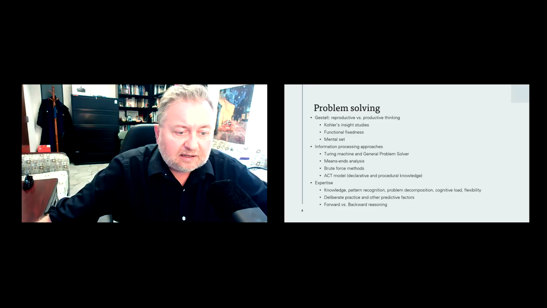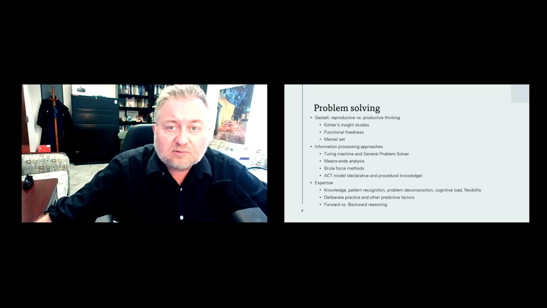We also looked from the information processing view here, remembering back to the first week of the course and thinking about how the early information processing and cybernetic stuff influenced cognitive psychology. And that's very relevant here to the problem solving research, looking at the early use of computers to try to solve problems, and the early ideas related to AI and the concept of a general problem solver and a Turing machine and all of that.